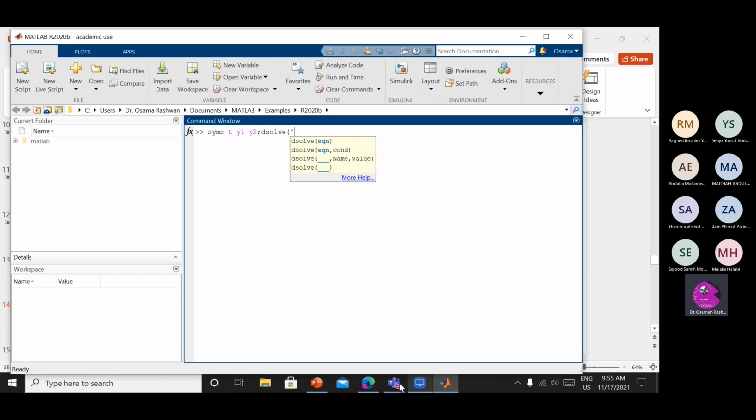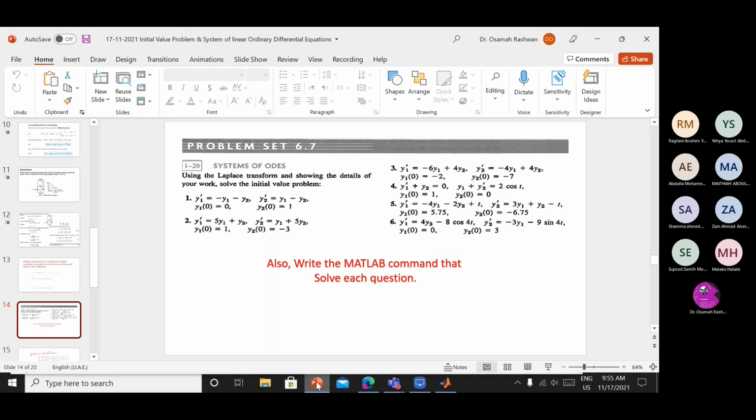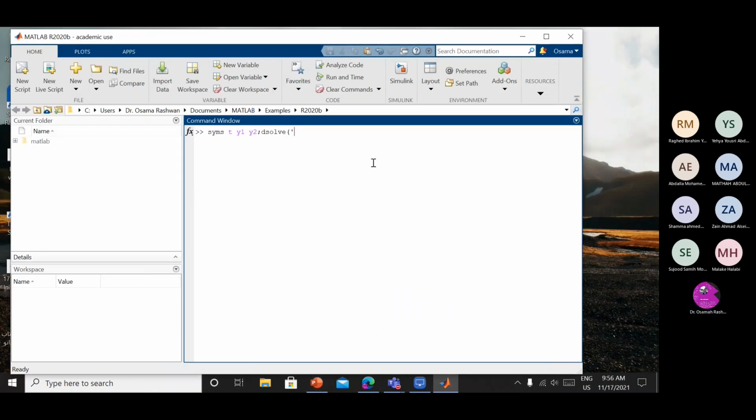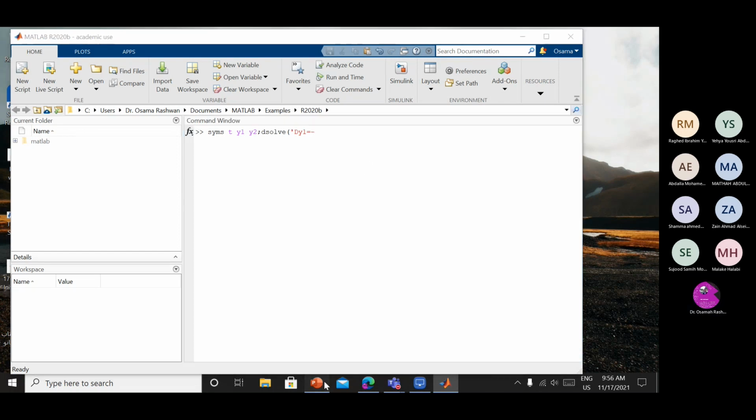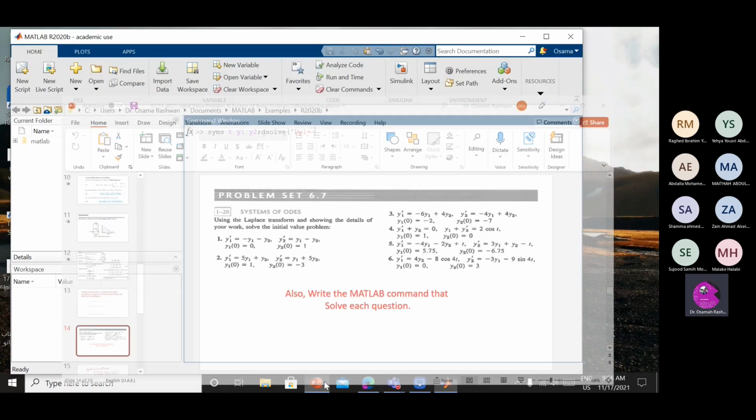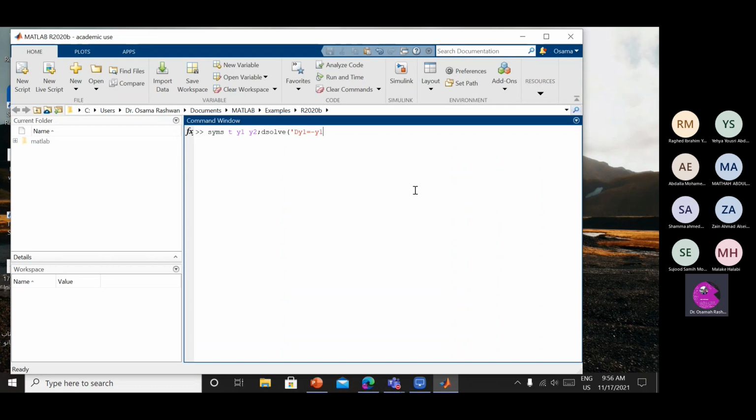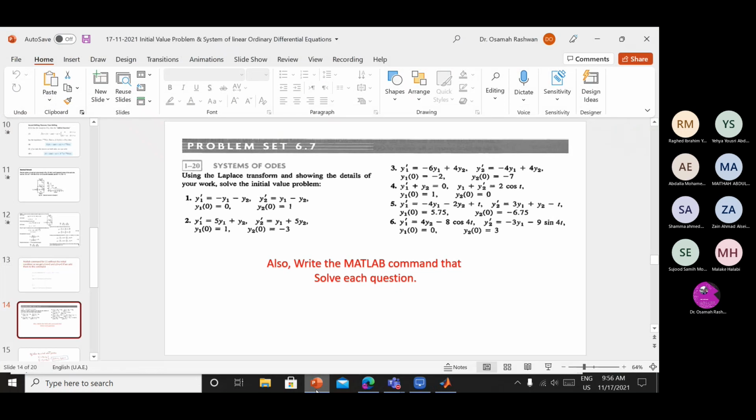What is the first equation? Dy1. This is how to write the first derivative, Dy1 equals minus y1 minus y2. This is the first equation, comma, the second one, y2 dash.